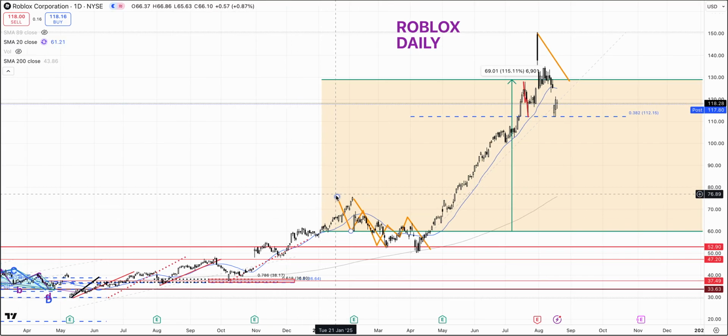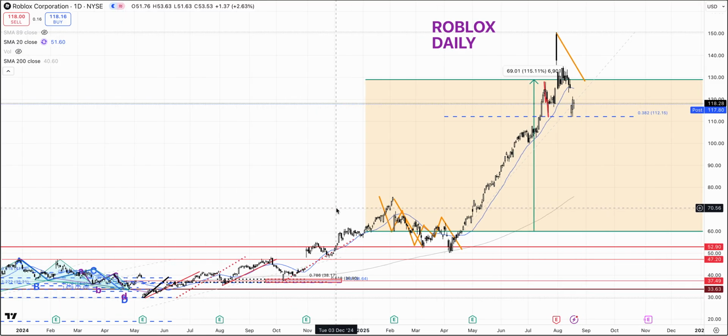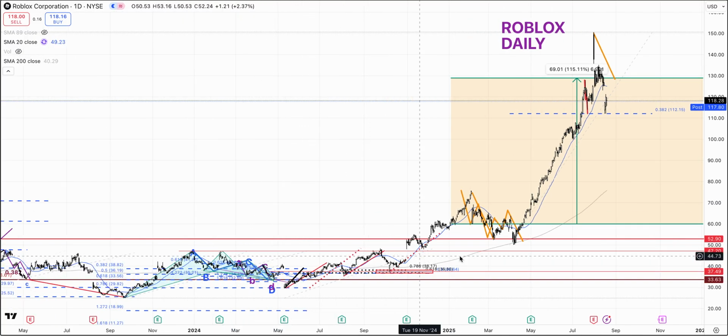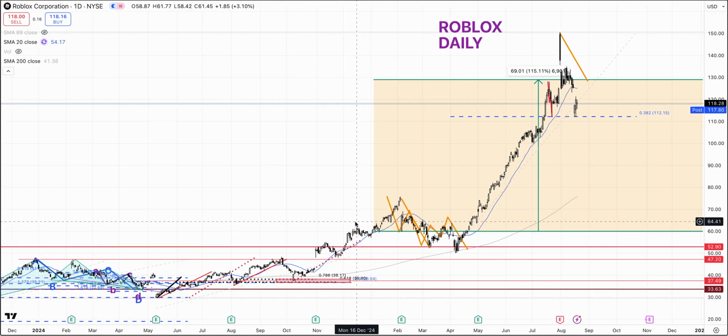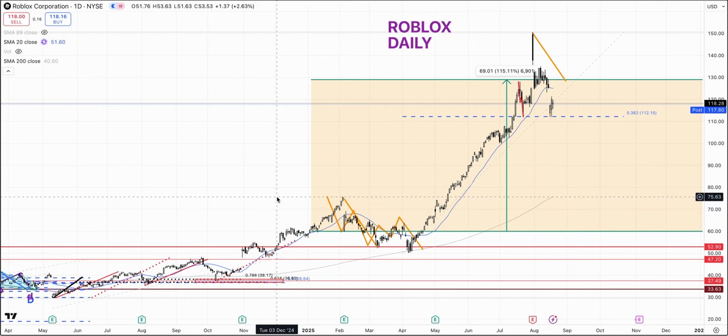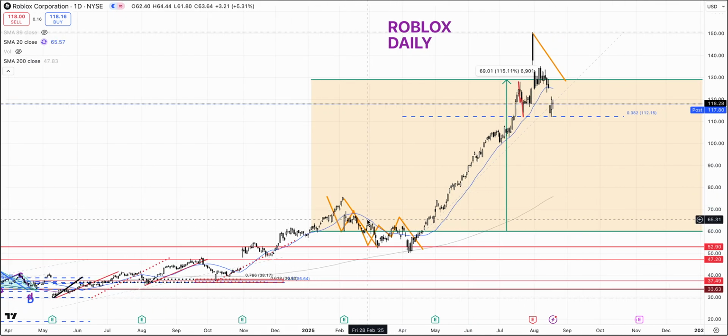Then I thought, okay, it's likely to be a more complex one because we have these really simple ones right here. So borrowing the concept of alternation from Elliott wave, I just drew these lines and it turned out to be exactly like this, which is fantastic.